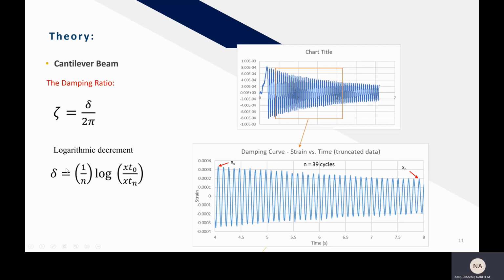To explain this equation furthermore, you will get a data set, and in the data set you will see this graph, and this graph represents the data of a damped beam that we collected during the experiment.